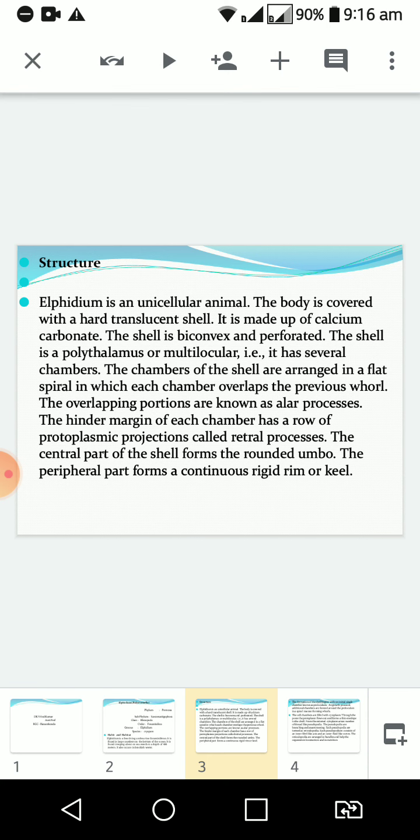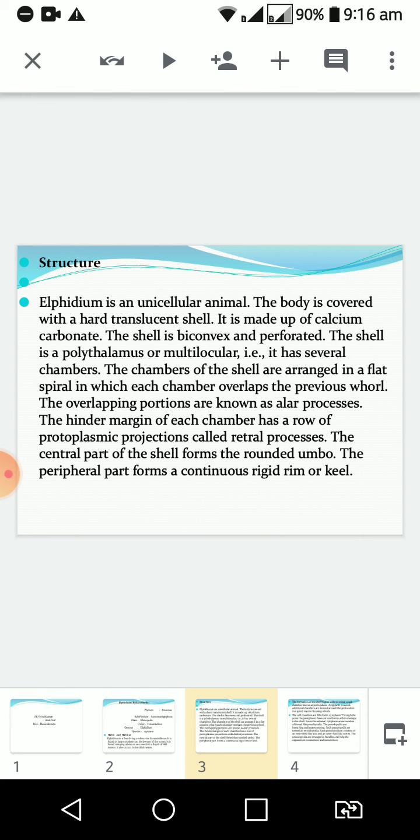The overlapping portion is called the alar process. Now the hinder margin of each chamber has a row of protoplasmic projections called retral processes.